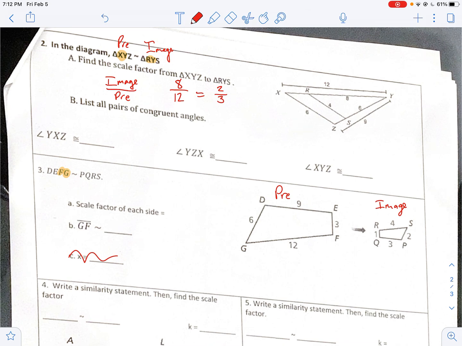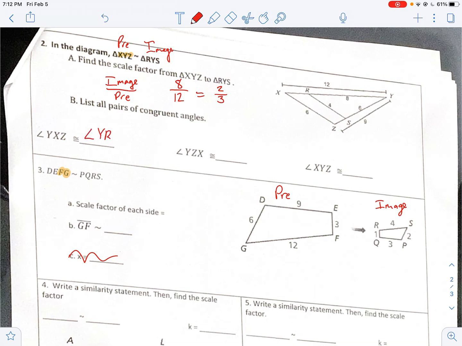And why don't you take a minute, pause the video, and see if you can find the corresponding angles just by looking at the letters and matching up what goes with what from the names. Then unpause the video and check your work. Okay, YXZ, middle, first, last. YXZ goes with YRS.